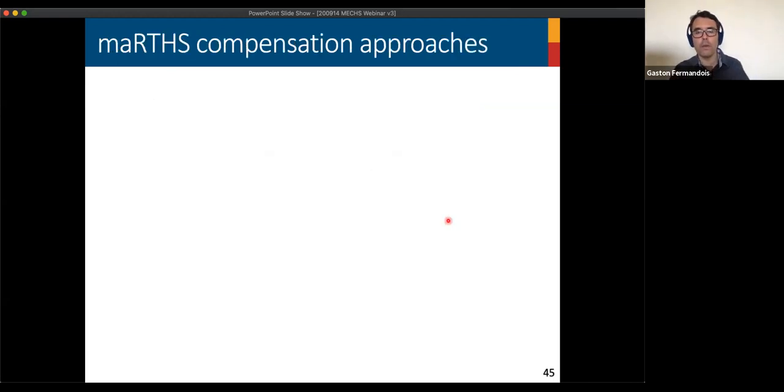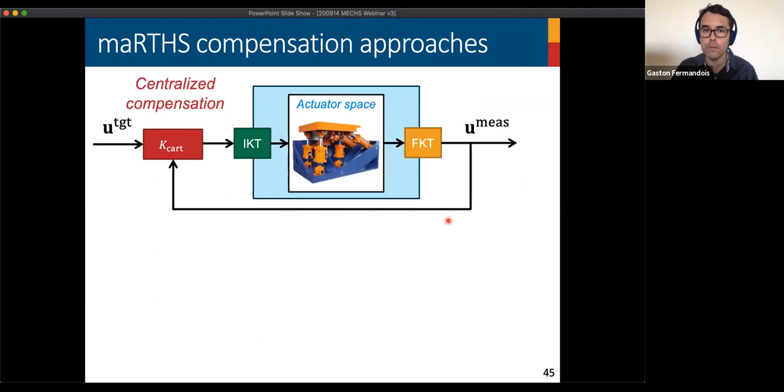And now we finalize this framework by deciding which approach we're going to use for compensation. There are two approaches. The first one is called centralized compensation, where basically we design a controller in Cartesian space. We decide through this compensator what are the command signals in Cartesian coordinates that go to the IKT, and then basically everything goes as explained before.